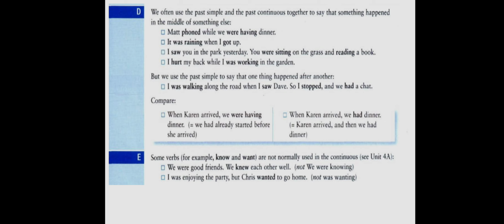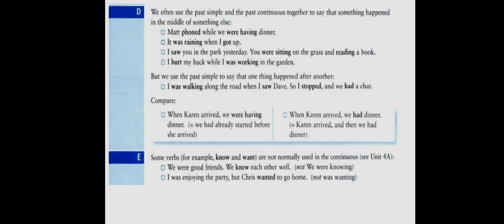When Karen arrived, we were having dinner. We were sitting and having dinner, and Karen arrived in the middle while we were having dinner. She arrived and finished, and we remained sitting and having dinner. So what is the long action here?